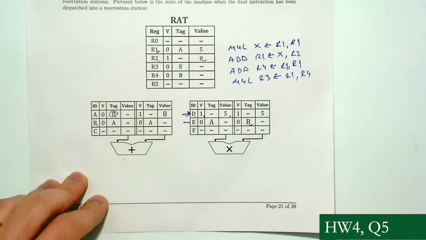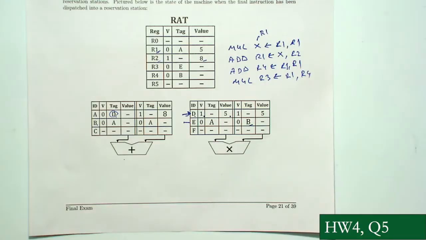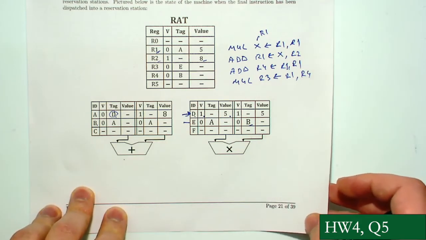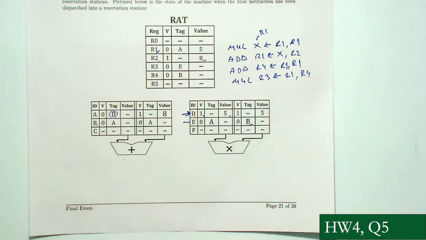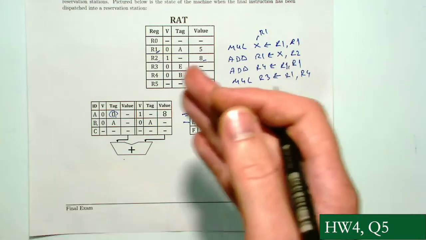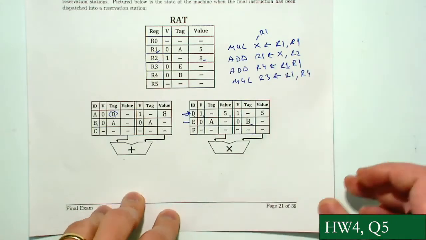Let's say it is R1 when we do the next part of the question, but you can assume this to be any of those 3 registers, or maybe you can just leave it as X. But in the solution, you have to make it clear that you understand that this could be any of those 3 registers. Don't just leave it blank. Put something like X and explain that it could be one of those 3 registers.